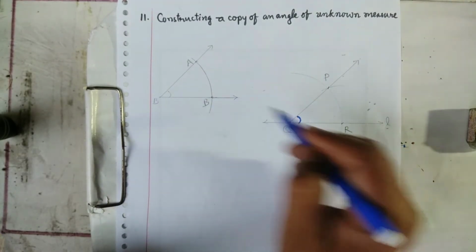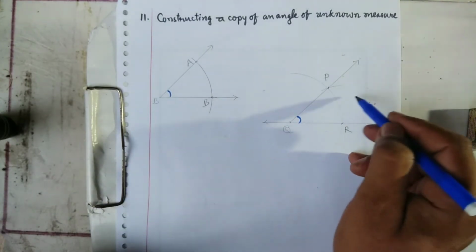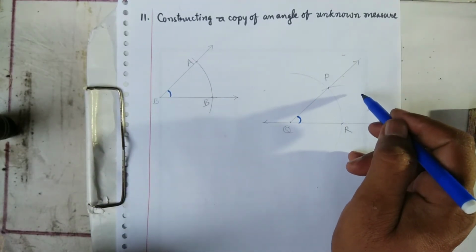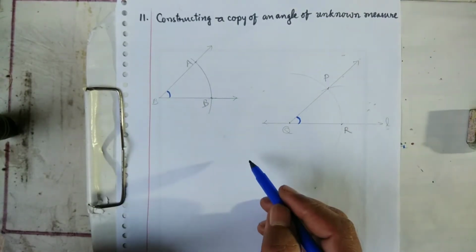These two angles are equal. This is the required copy of this given unknown angle.